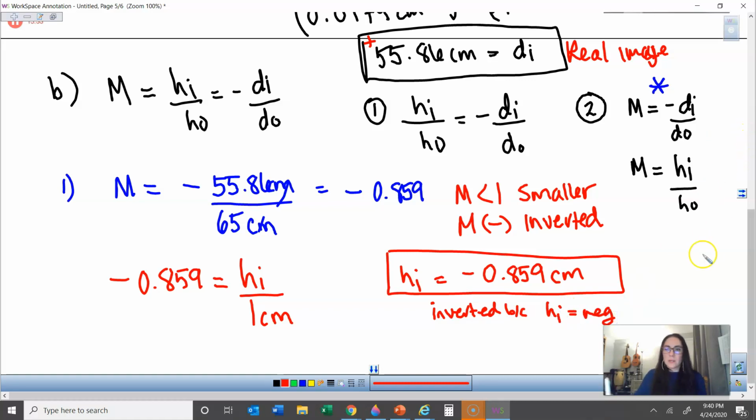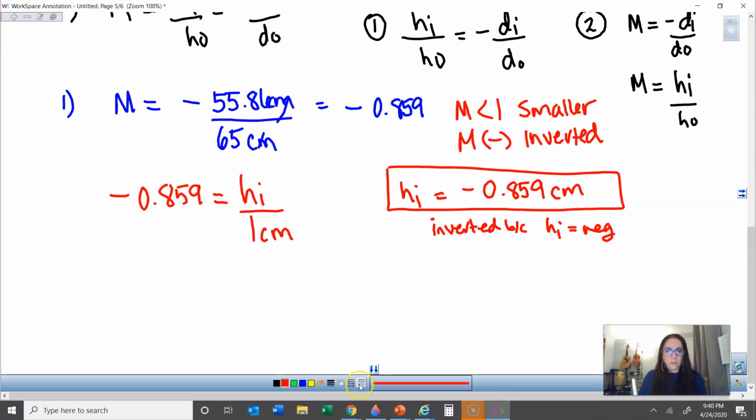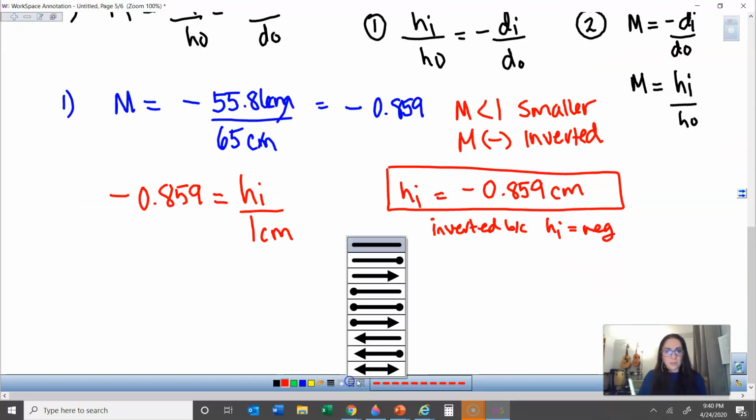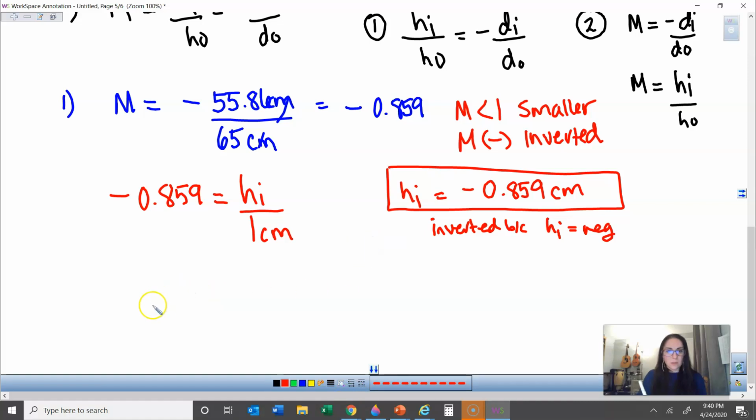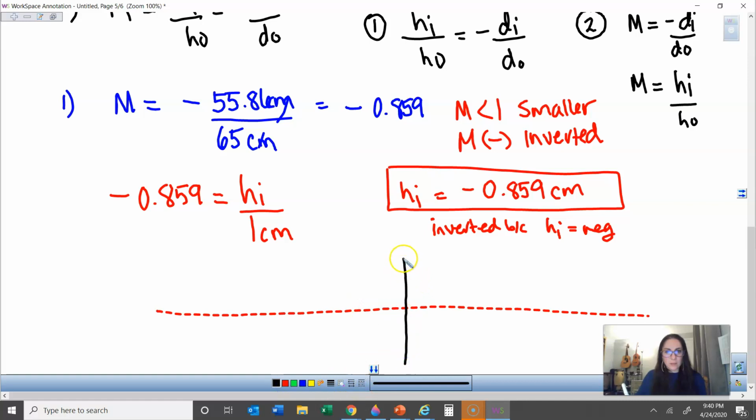So if I were to draw this, I'm going to draw it here because it'll just be nicer. I'm going to go ahead and use some skills here. So if I have my dotted line, there we go, beautiful. If not, that's okay, we won't say anything. And this is my lens. So if my focal point's here at 30, the object was a little longer than 30, so it was about here.